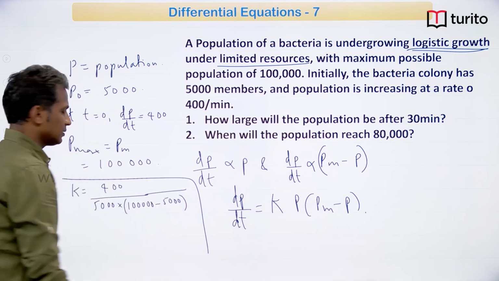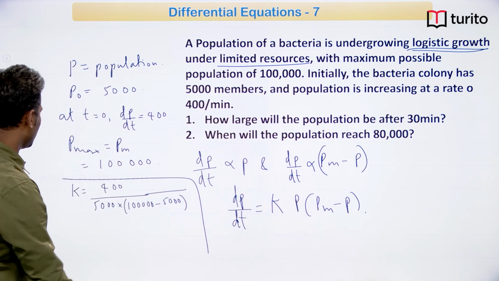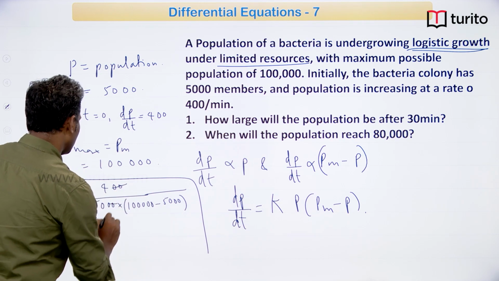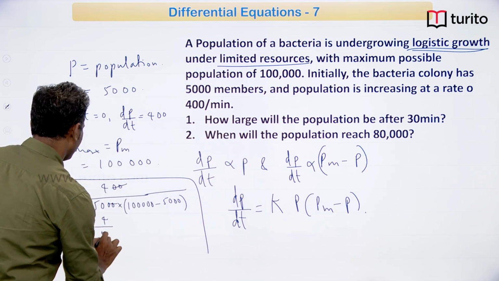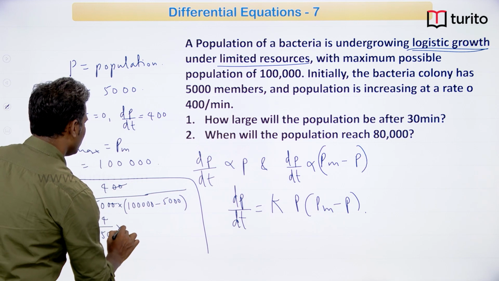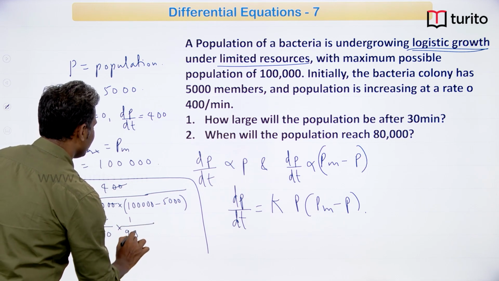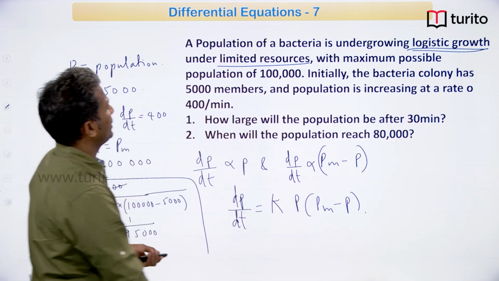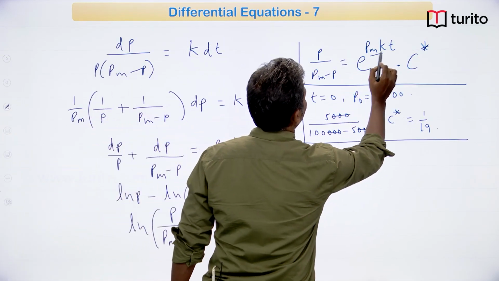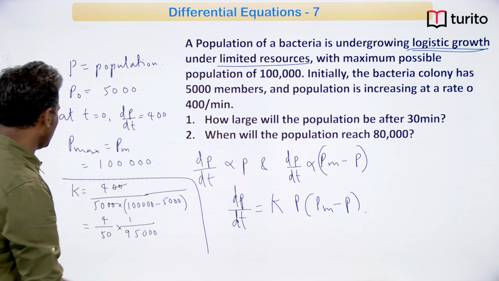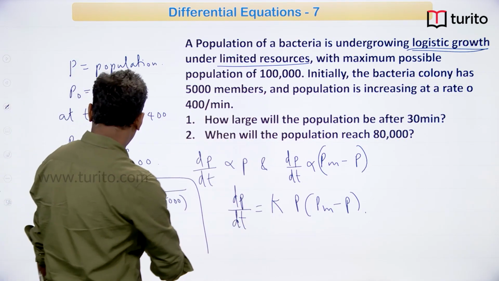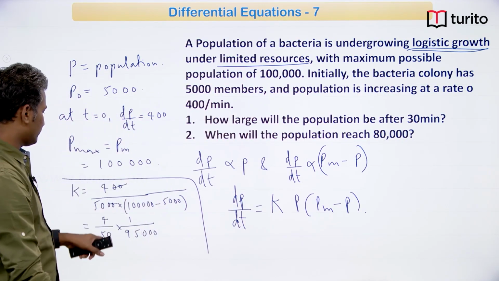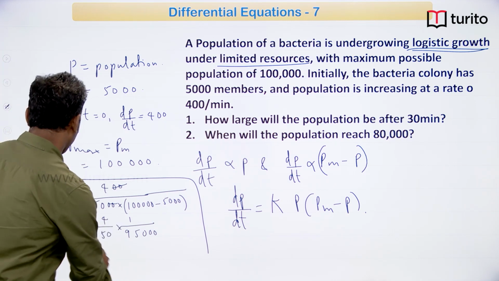Okay. Now when we simplify this, what are we going to get? 2 zeros will get cancelled. So we will get 4 by 50 into 1 by 95,000, right. So that is k, but we have Pm into k here. So let me just evaluate Pm into k also. Okay. So when I multiply this with Pm, what do we get?